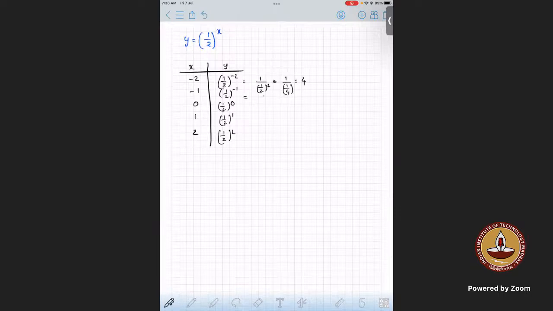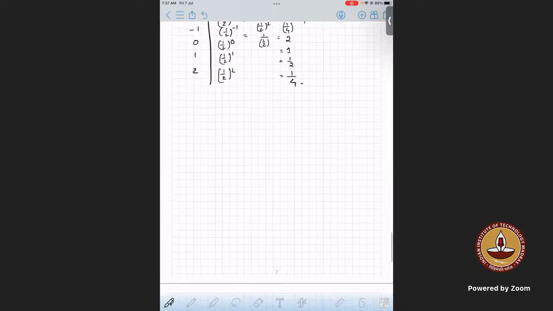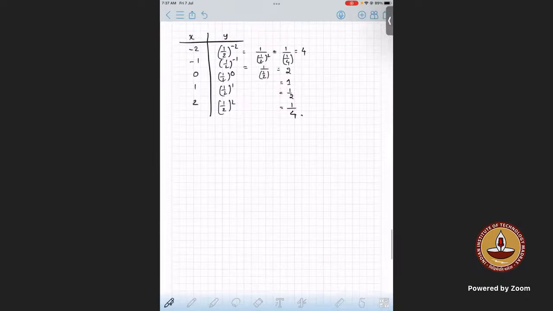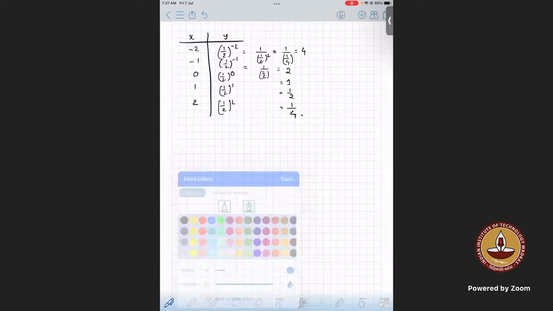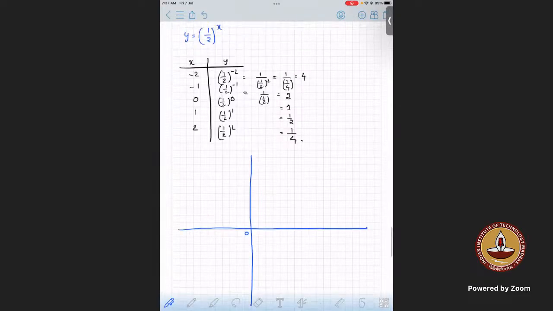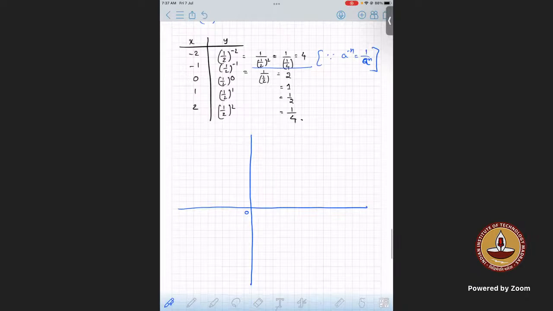Look, I'm doing this problem. Zero, 1. Are you able to understand this calculation? Now we'll draw the graph.